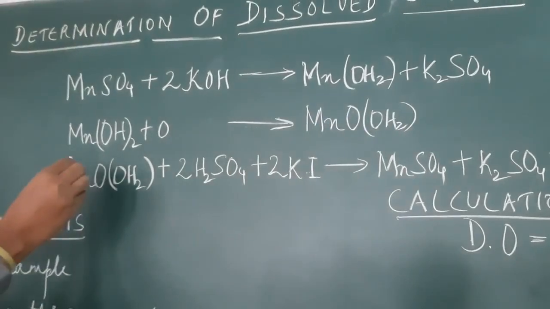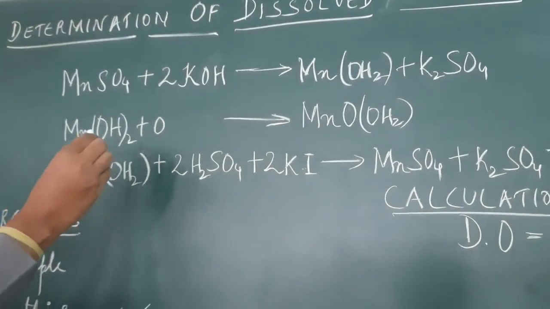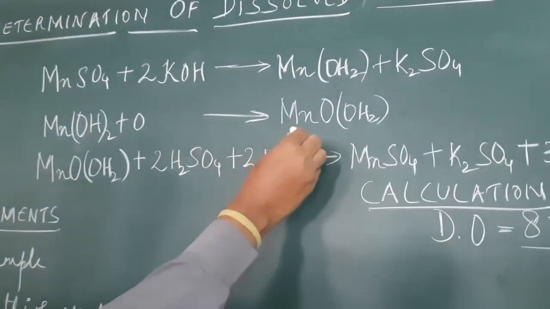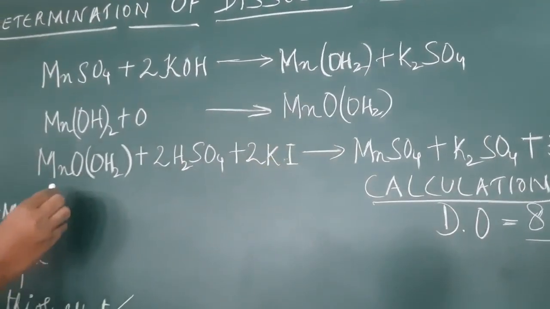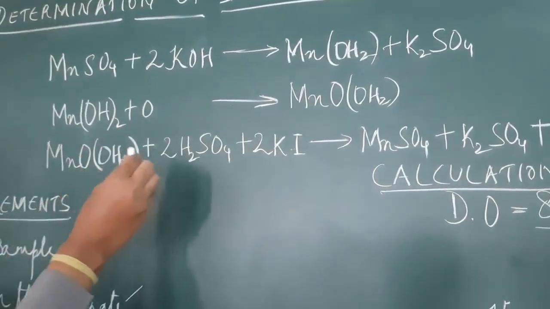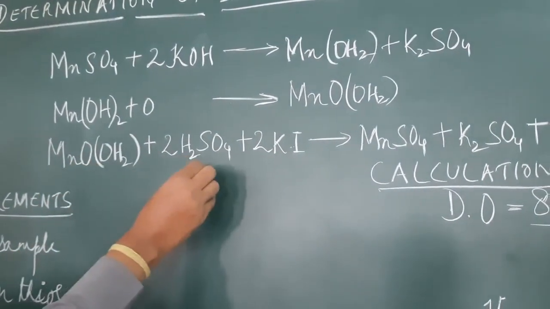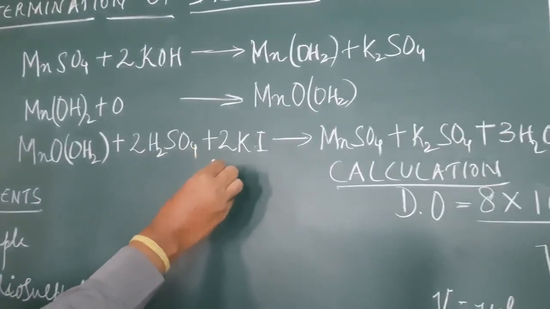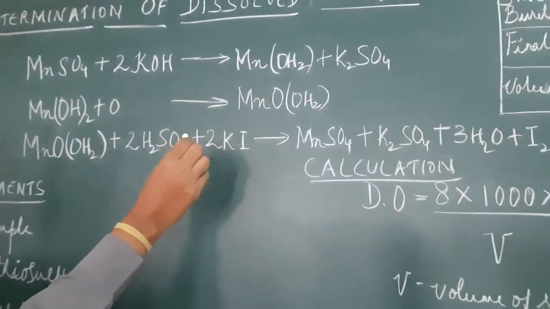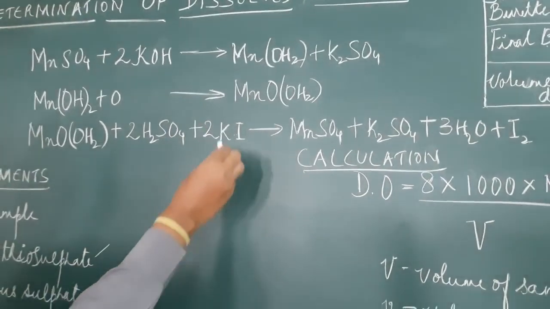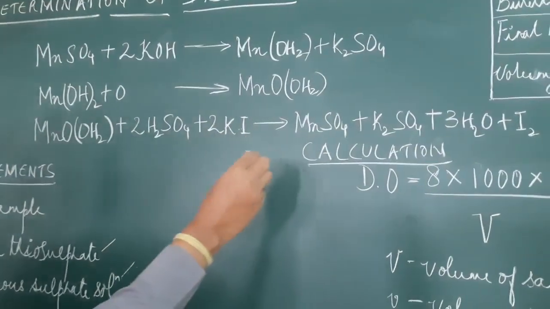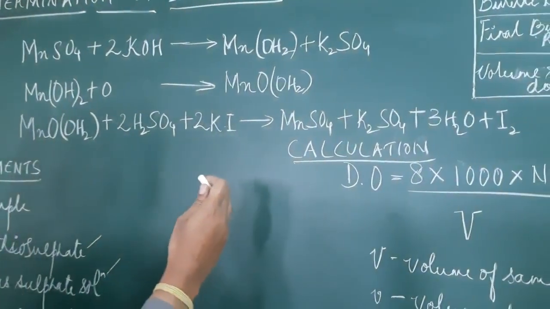This manganese hydroxide with oxygen will form manganese oxyhydroxide, and this manganese oxyhydroxide in presence of H2SO4 gives out iodine from potassium iodide, which is a brown color precipitate.